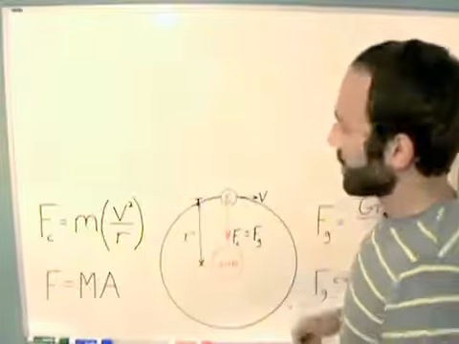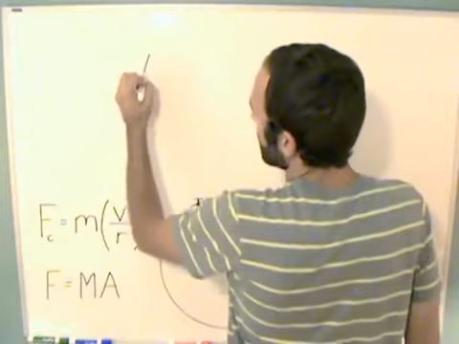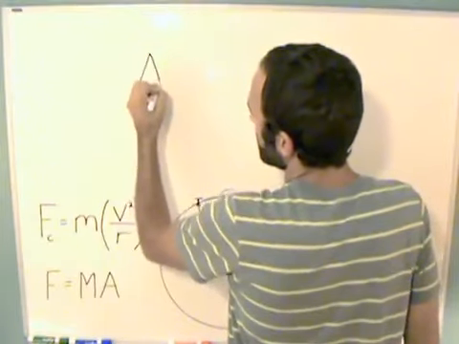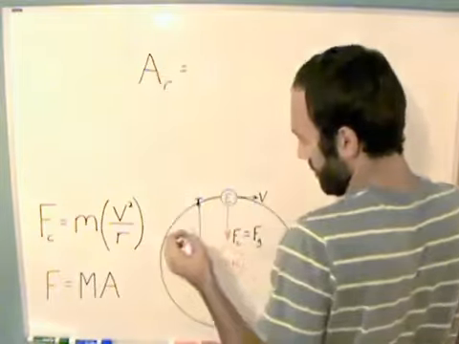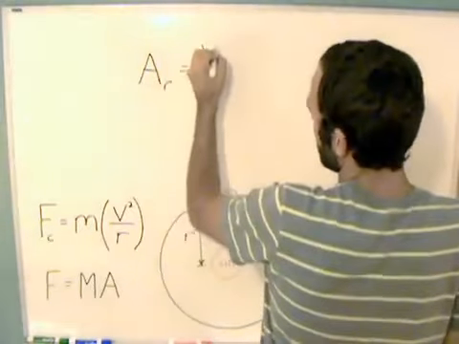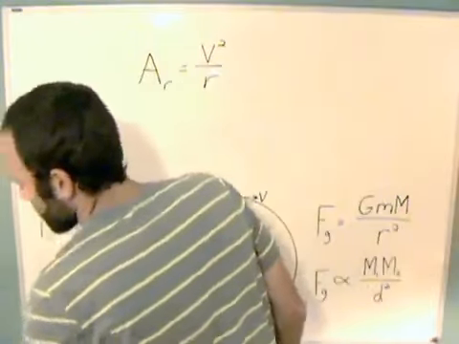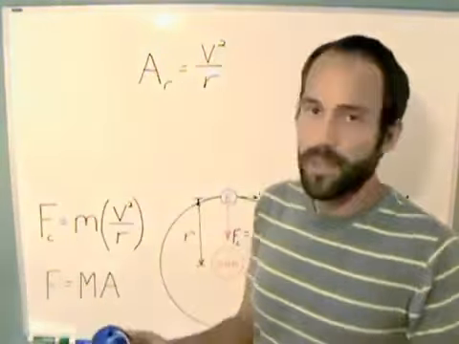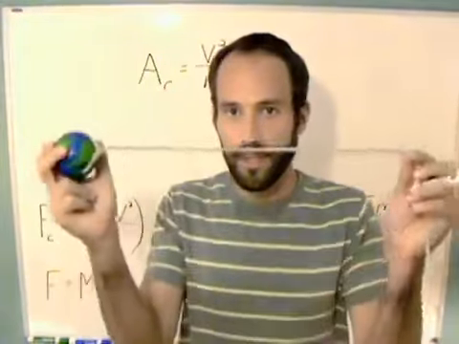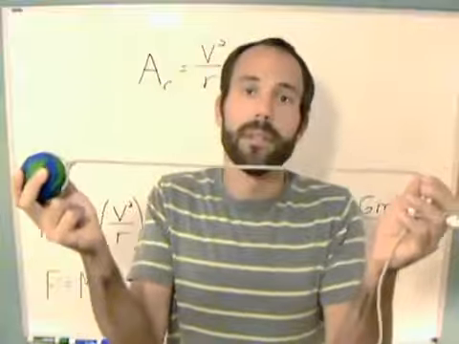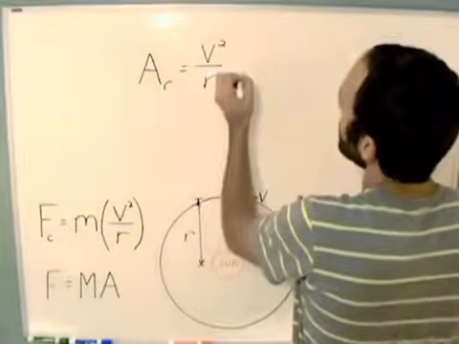To show how this works, centripetal acceleration, commonly called a_r, is equal to v squared over r. Let's say that when I'm spinning this, it's traveling at 1 meter per second, and the length of this string is 1/10 of a meter, just to keep it easy, which is 0.1 meters.